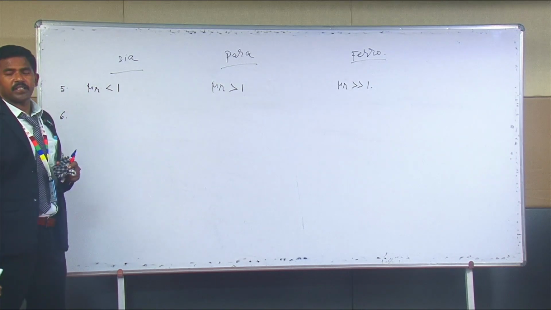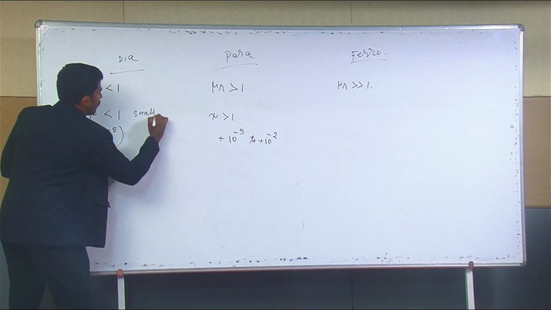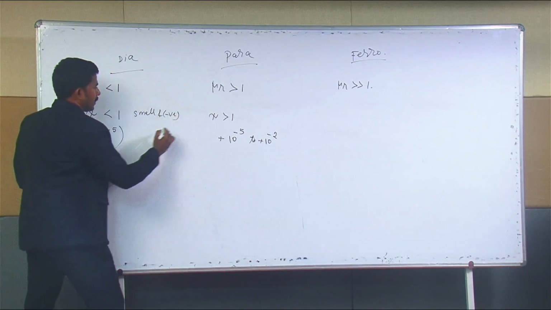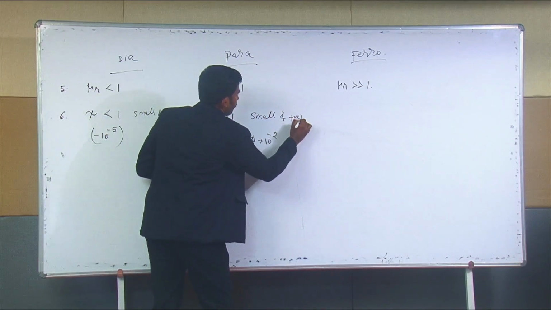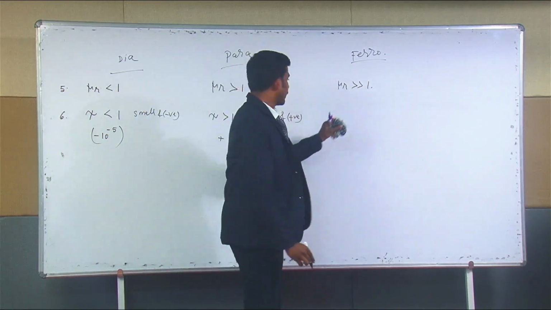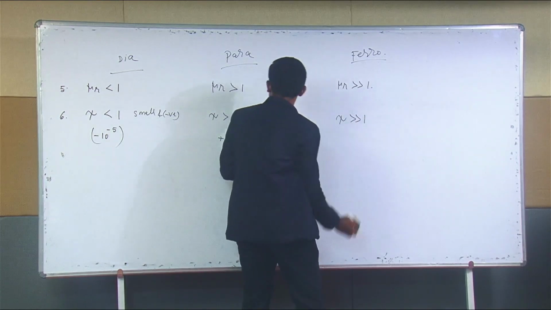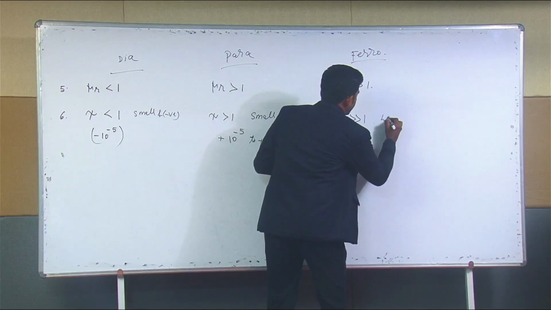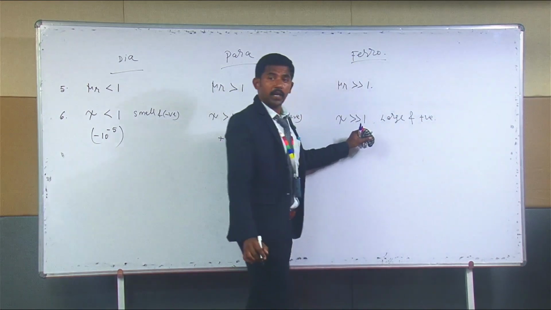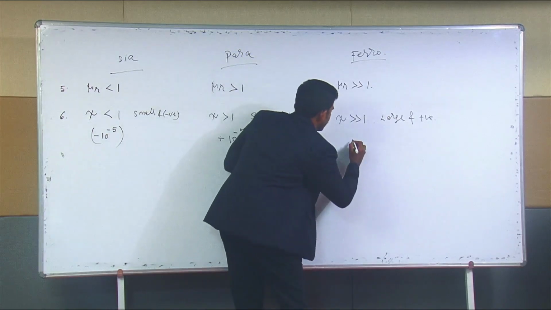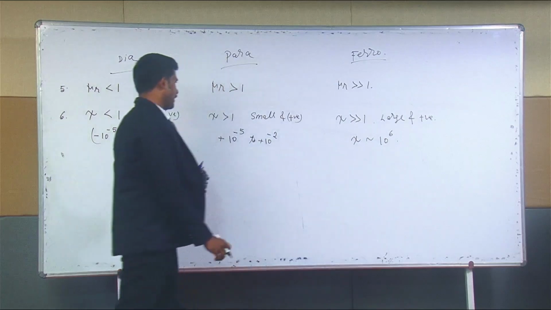If we consider the susceptibility, for diamagnetic it is small and negative, whereas for paramagnetic it is small and positive, and for ferromagnetic the susceptibility is much greater, large and positive, on the order of 10 to the power 6. That much powerful.